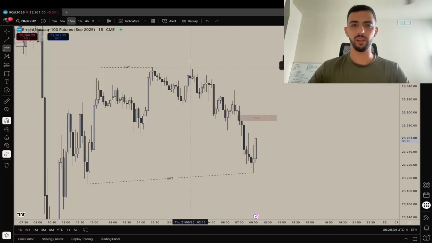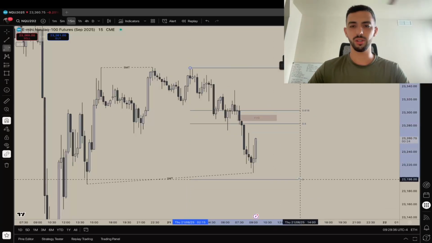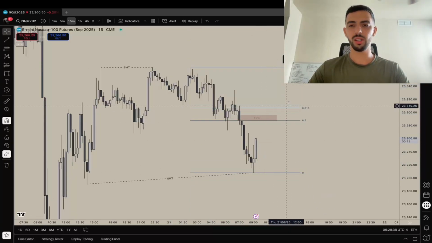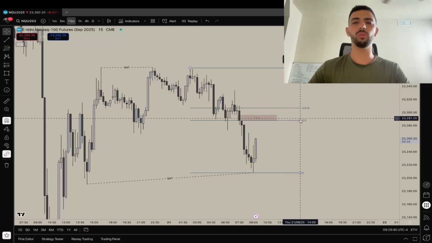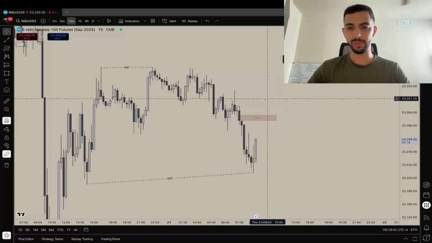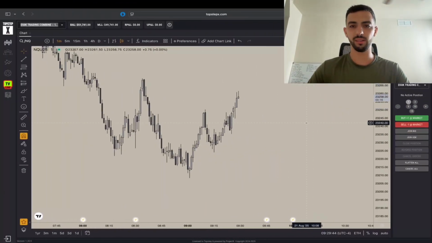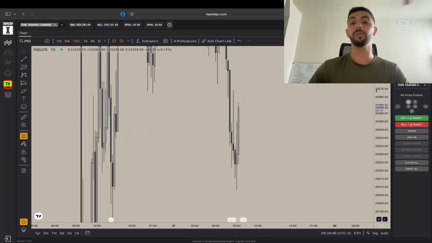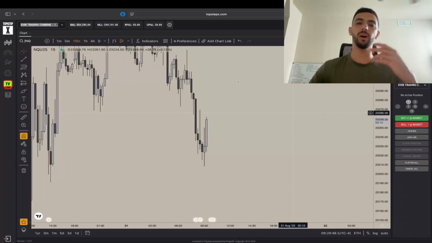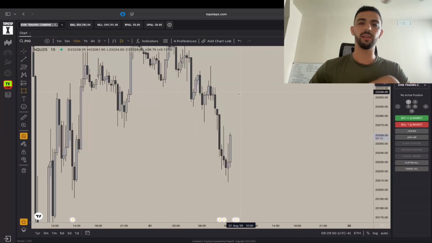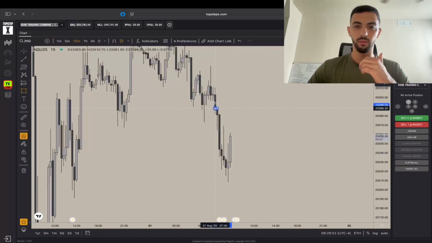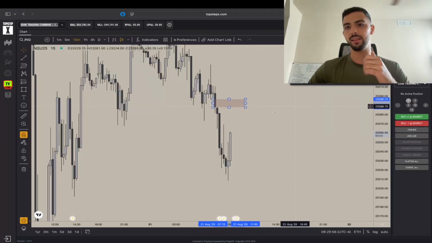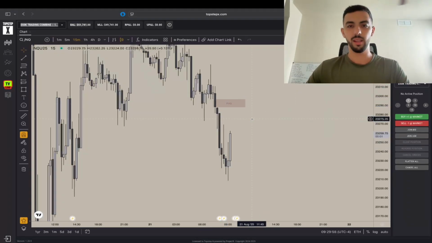If we take the highest point of the range and the lowest point of the range, this is about an OTE of the range. So this might be a good entry for us, or at least a place to look for an entry. And what do I mean by looking for an entry? Looking for my entry model: getting an internal SMT and inversions to the downside.